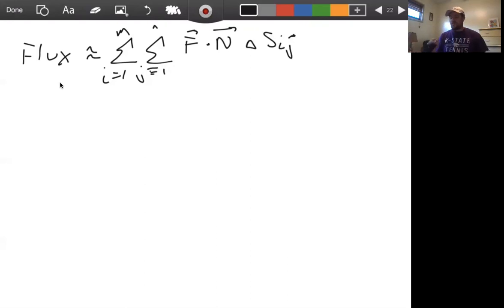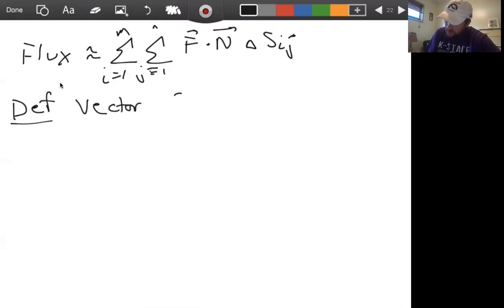And this leads us to the definition of a vector surface integral. So, definition of a vector surface integral.